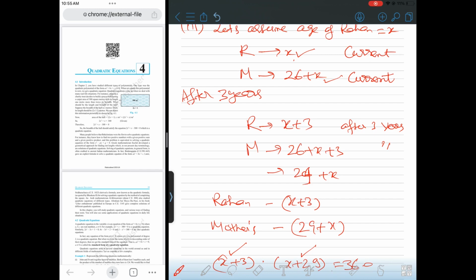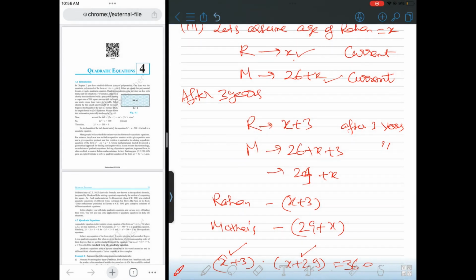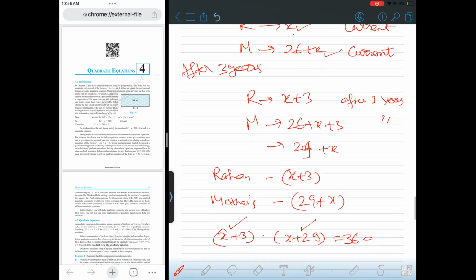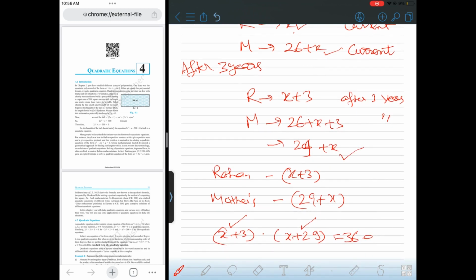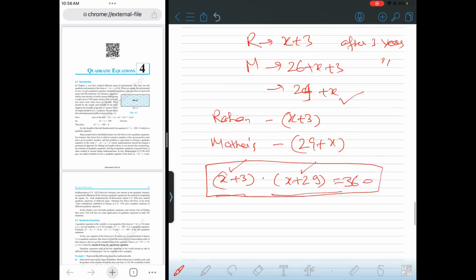After 3 years, Rohan becomes 3 years older, so the age will become X plus 3. Mother's age will again become plus 3. So now you find out this age of mother. Then we multiply both numbers and find out the equation. Once you expand this, we'll find a quadratic. That's the objective of this question.